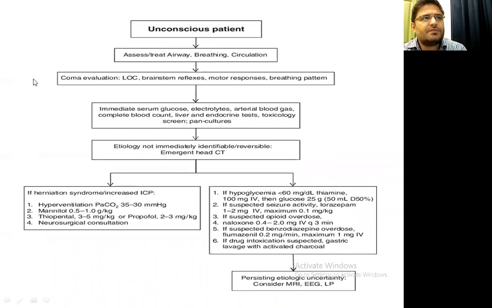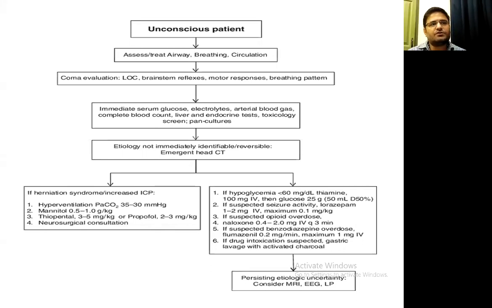This is a chart showing how to proceed with a patient of unconsciousness. First, assess what the underlying condition is, then treat airway, breathing, and circulation, evaluate brainstem reflexes, any localizations, motor response, and breathing pattern. Because if the breathing pattern is diminished, that may be because of midbrain or medulla oblongata lesions.